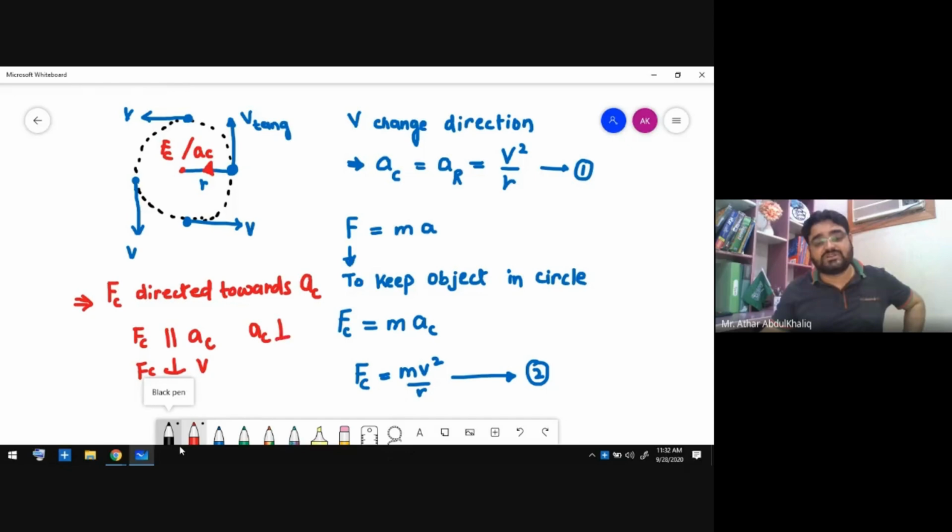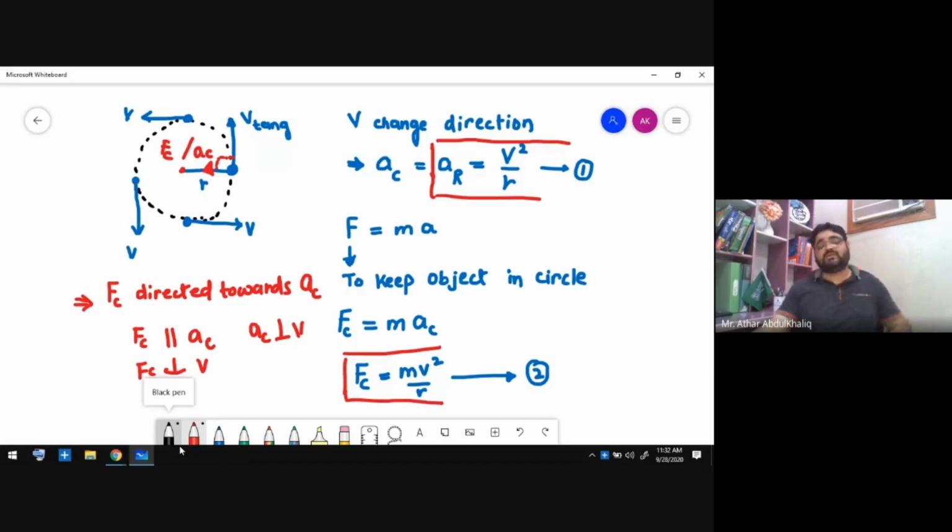Acceleration and velocity are also perpendicular, because the angle is 90 degrees between velocity and acceleration, or velocity and force. So these are two important relations that we developed in the last 2 weeks, and we have to use these two relations throughout this lesson and this chapter.